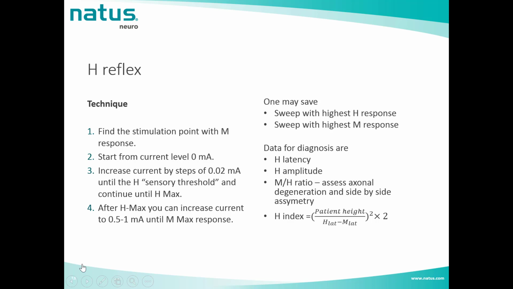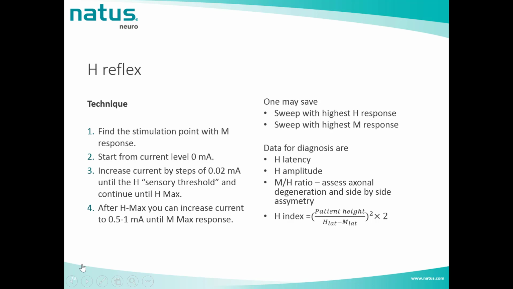And one may also want to record the H index. You can see on the slide the formula. This is an index that can be helpful because when you talk about latencies, for example, patients have different height and different limb length.